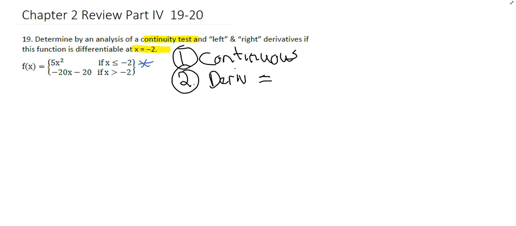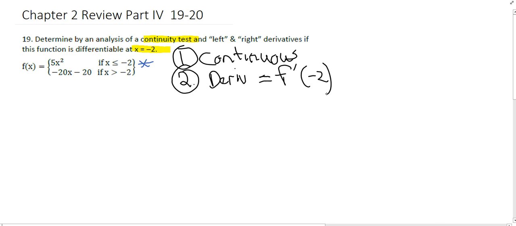So we're going to look at the derivative at -2 for this function, and in order to do that, we're going to use what he's calling the left and right derivative. When it's to the left of -2, we're going to follow 5x squared, and when it's to the right, we're going to follow that linear function.